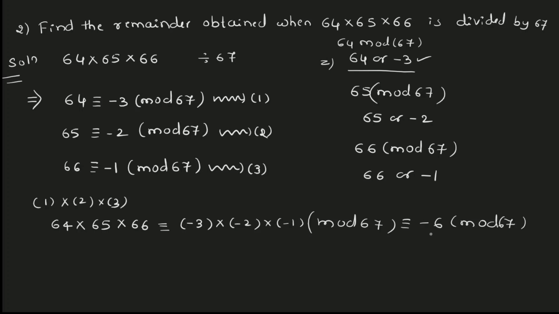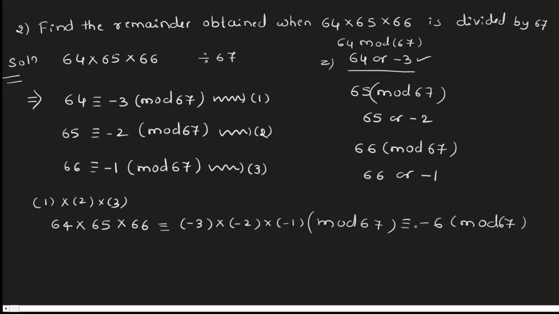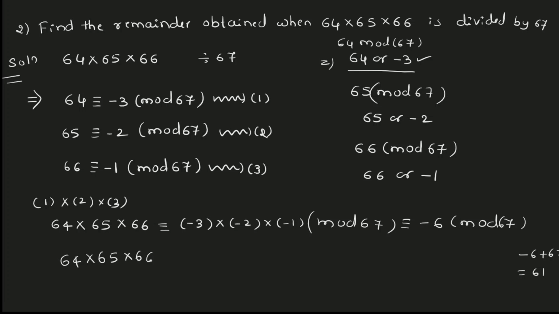To convert this into a positive term, what do you need to do? In the last class I mentioned that to convert negative to positive, we need to add the modulus. So minus 6 plus 67, simple, that is plus 61. So 64 into 65 into 66 is congruent to 61 mod 67.